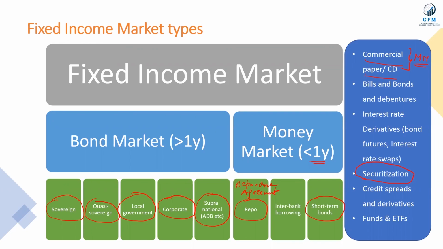Now, the type of bond is obviously dependent on who is involved, be it a sovereign bond, quasi-sovereign bond, local bond, corporate bond, supranational bond, and so on and so forth, right? And then there are short-term bonds, and the name given to short-term bonds is bills. Bills are basically short-term bonds, less than 1 year, right? Bills. So these are all the instruments that there are.